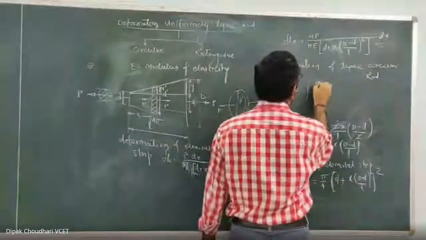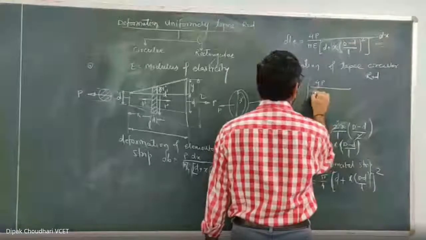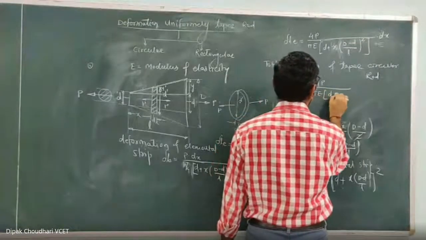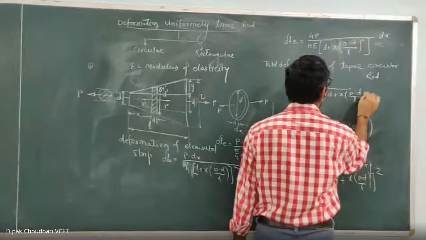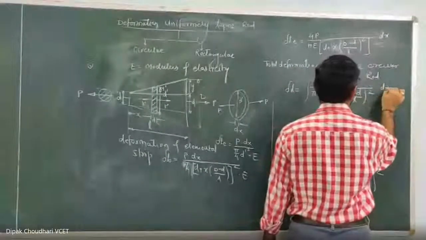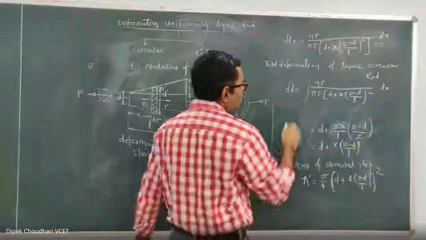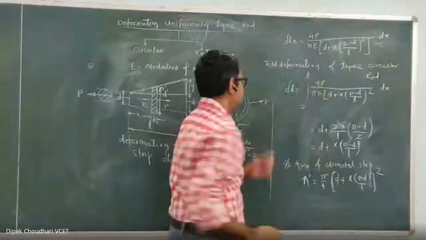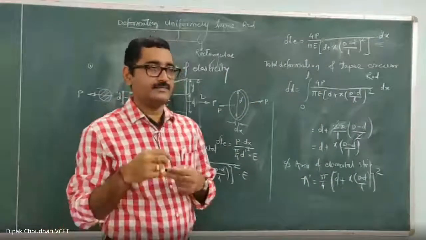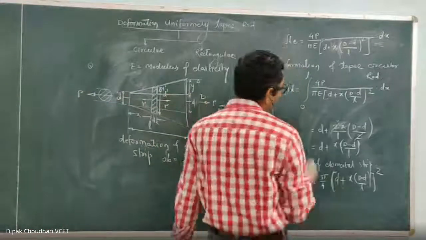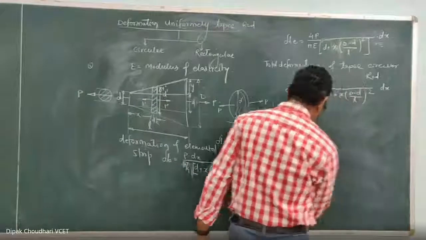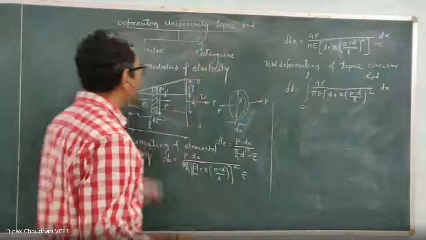It is the integration of 4P upon pi E into 1 upon (d plus x into (D minus d upon L)) whole square into dx, where x varies from 0 to L. Now simplify this integration and you will get the formula for the deformation of the taper rod.